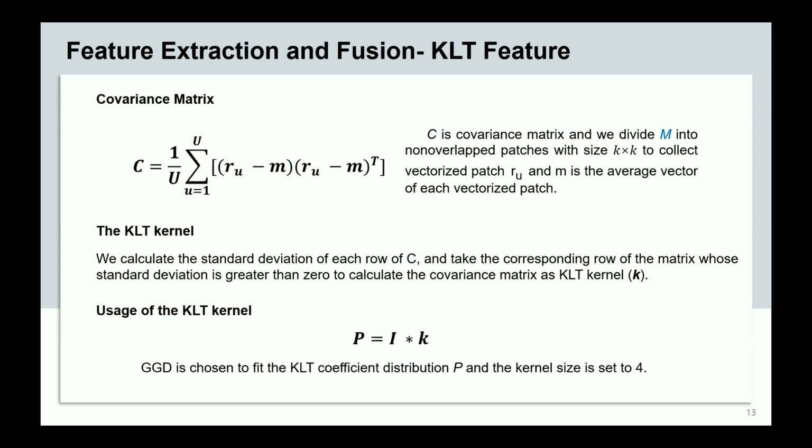We write it as K, and we multiply the image by K, and we fit the result with AGD, the same as the gradient feature. The kernel set is set to 4.